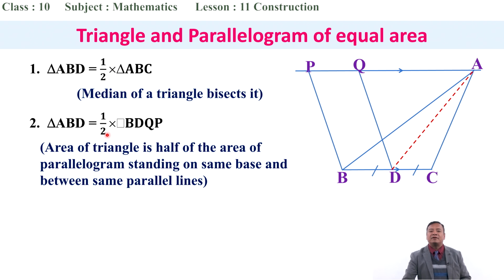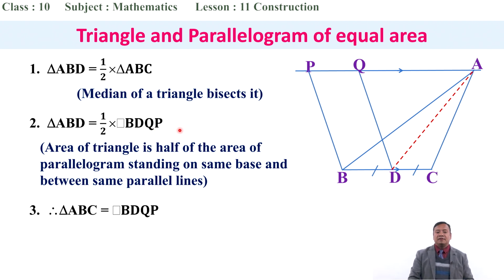That is when we cancel this half, then the area of triangle ABC is equal to the area of parallelogram BDQP, right? You understand this? Yes? Okay. And already we have proved these types of problems.